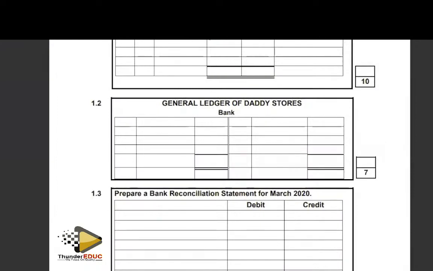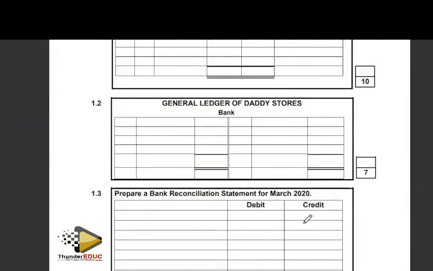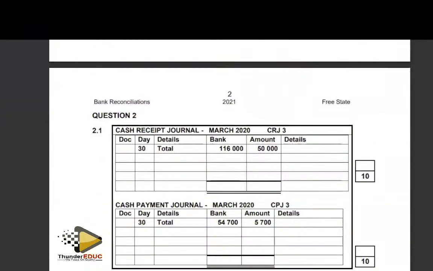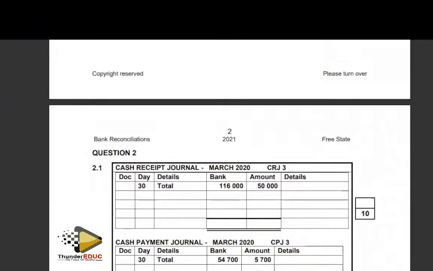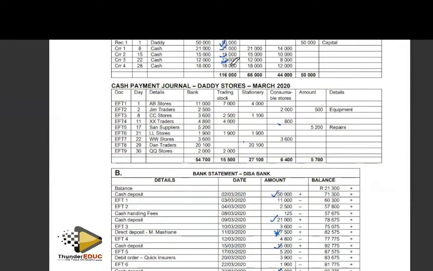Then anything we have not seen in our bank statement, which we have on our cash receipts journal, we have to enter in the banker reconciliation statement here. So which means even we have not seen the 18,000, which is this.